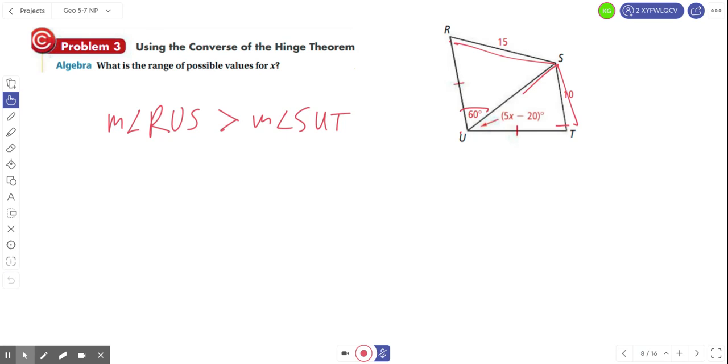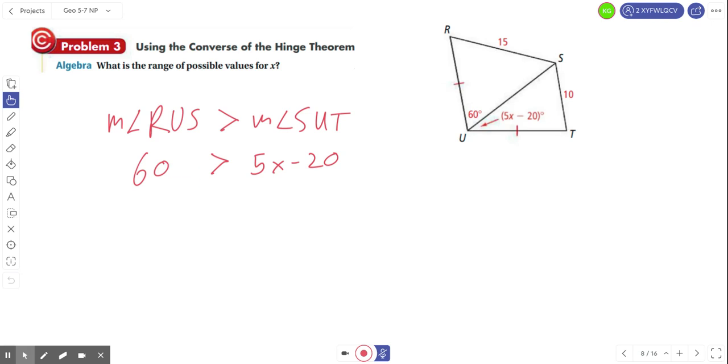All right. So what does that mean? That means that 60 degrees is greater than 5x minus 20.